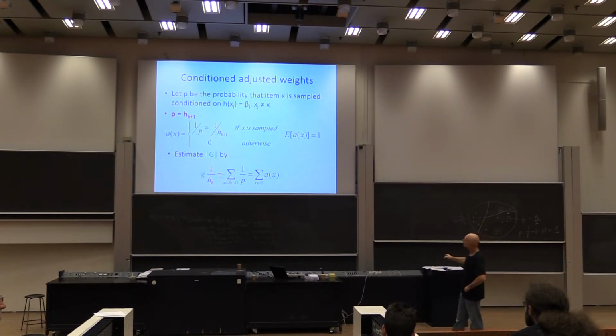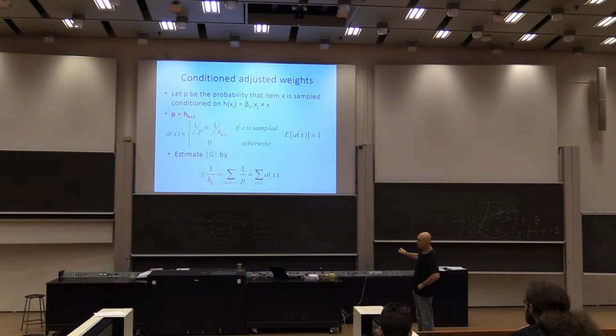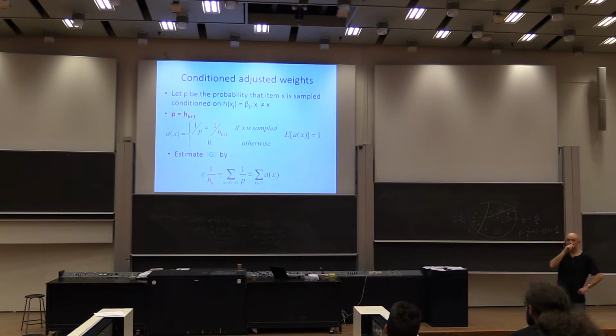This should be k plus 1. This is a typo. And I'm going to multiply the number of green items by 1 over the k plus 1 largest hash value. And this is my estimator. And this is an unbiased estimator for the number of green items. Okay, so this is how I cope with the, yeah.